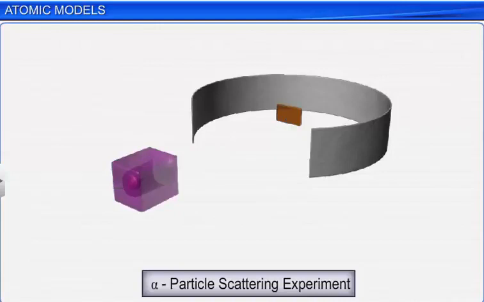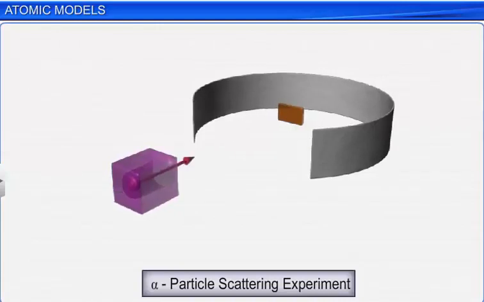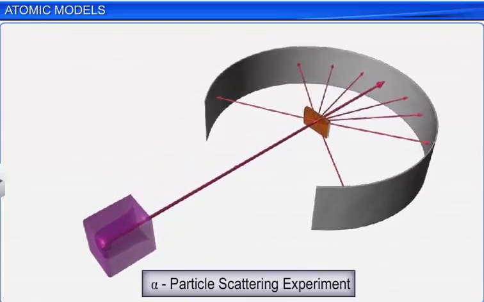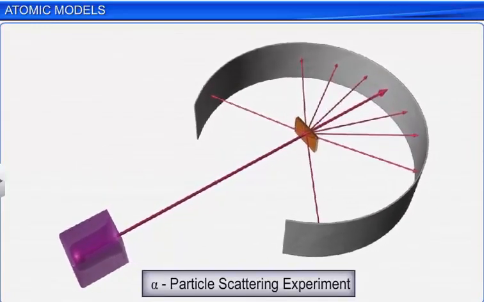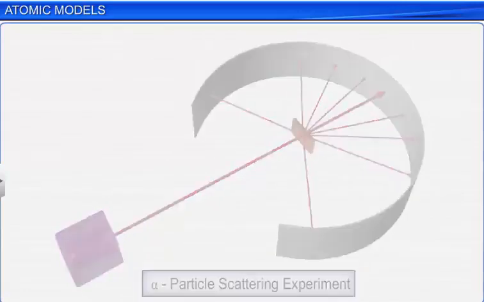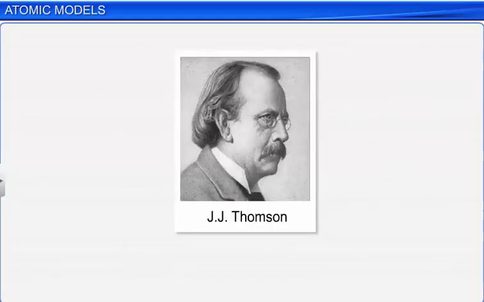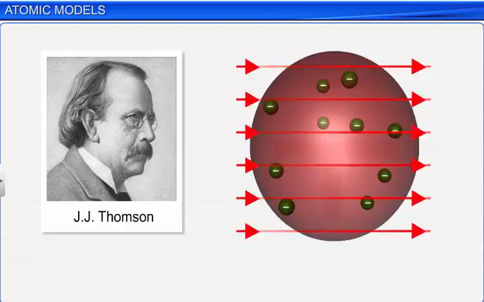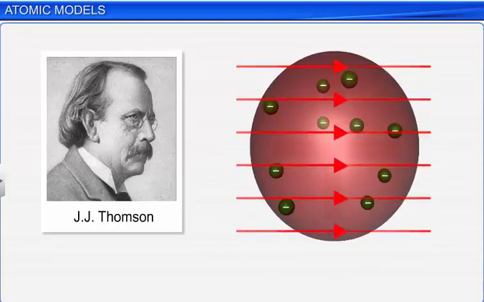Whenever alpha particles struck the zinc sulfide screen, a tiny flash of light was produced at that point. If Thomson's model is correct, then all the alpha particles should pass through the gold foil almost undeflected. This is because the entire mass and positive charge is uniformly spread throughout an atom.